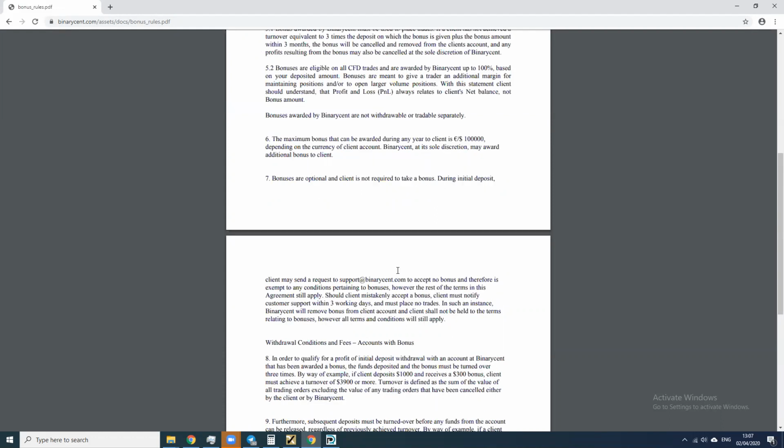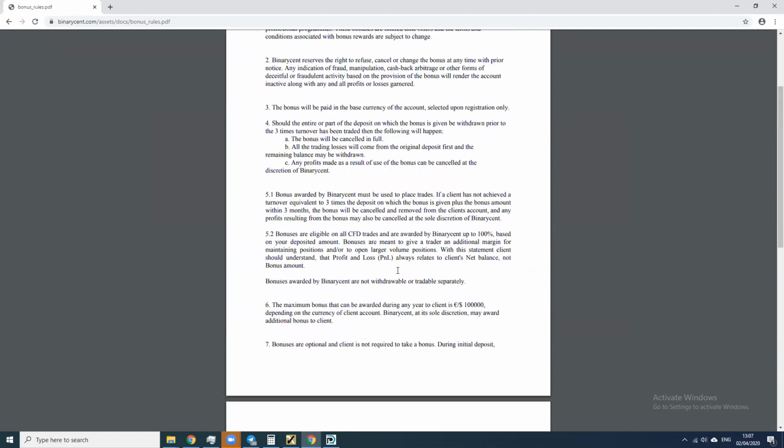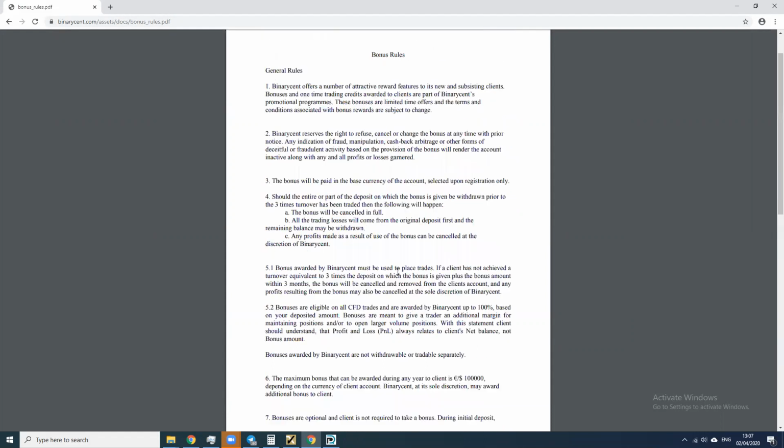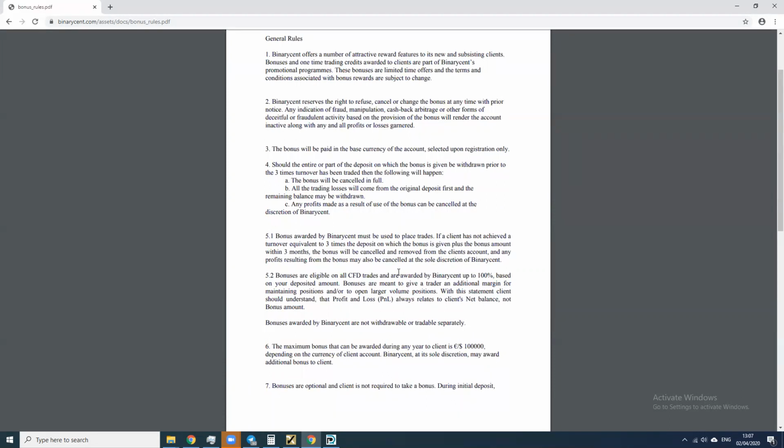Usually we would turn over the required volume of trades in about 3 weeks of sessions, and then you should have enough volume to keep your bonus and withdraw.